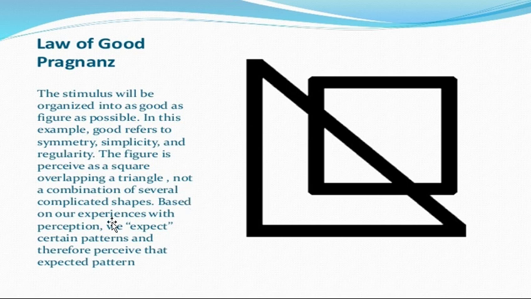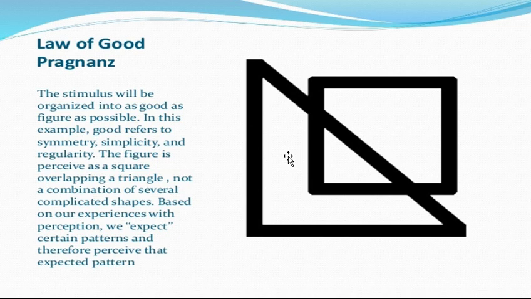Based on our experiences with perception, we expect certain patterns and therefore perceive that expected pattern. Because we are already aware of what is a triangle and what is a square, whenever there is a stimulus like this, we already have images, schemas, and traces of those objects in our mind, and we will perceive this image as a square and a triangle overlapping.